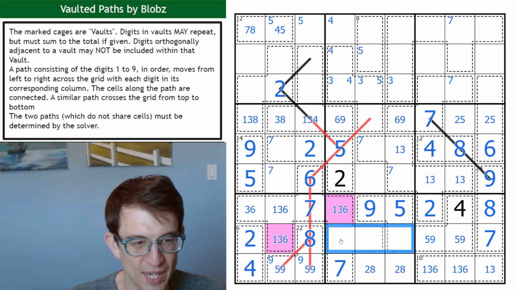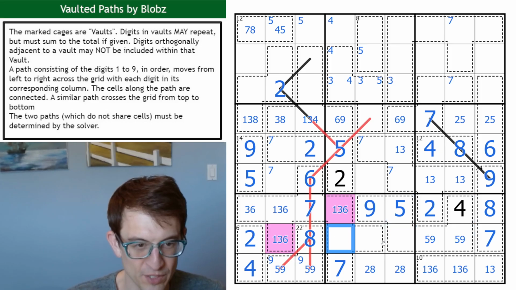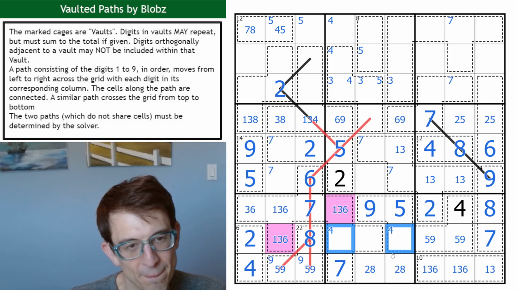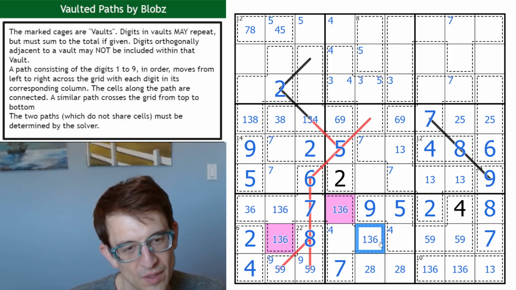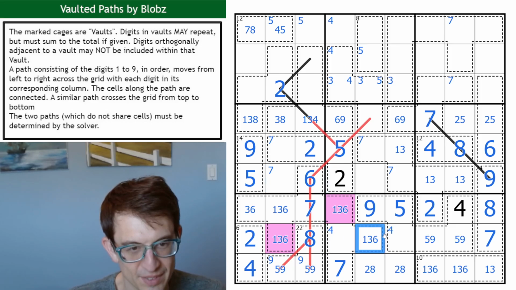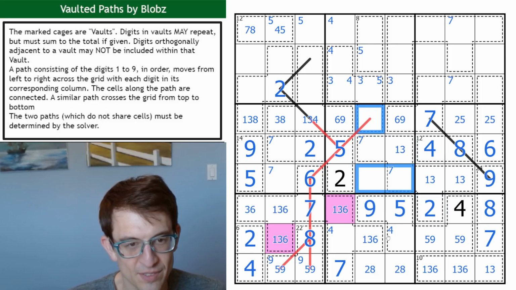This needs a 4 now. I don't think this can't be 4 because it's next to this cage which has a 4 in it. So one of these is 4. I don't think there are any cages that touch this that make either of these a problem though. 4 is in one of these cells.